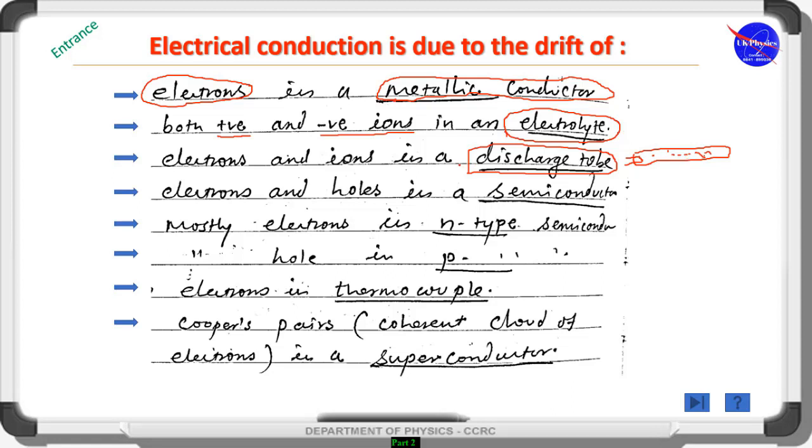So simply in a discharge tube, the electrical conduction is due to the flow of both electrons and ions.